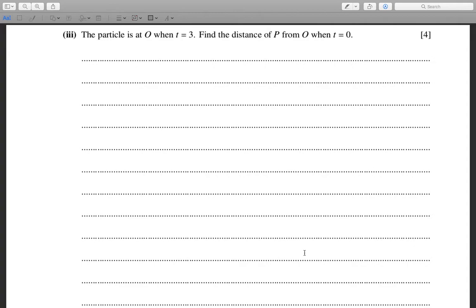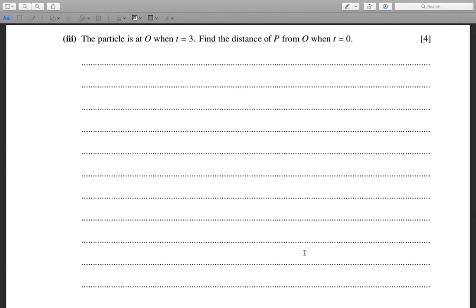We will find the distance by integration of v. The distance is the integral of the velocity equation.